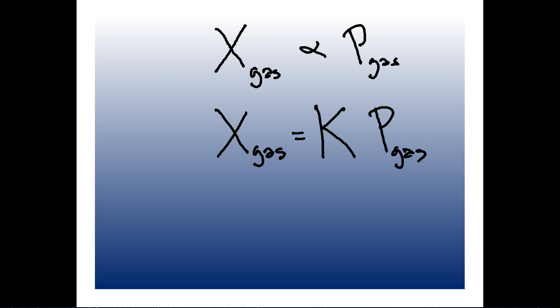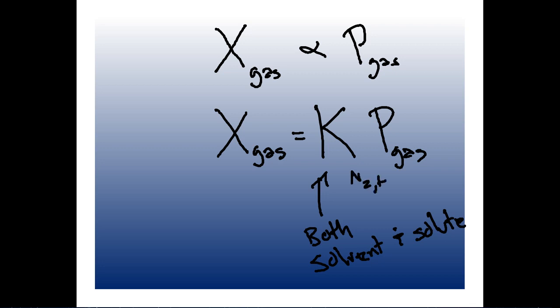And this constant depends on both what the solvent is and what the gas is, what the solute is, because it depends on the intermolecular forces between solute and solvent. So if I was looking at nitrogen dissolving into water, there would be a Henry's law constant for nitrogen gas in water.